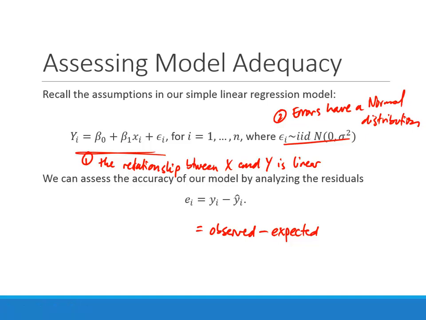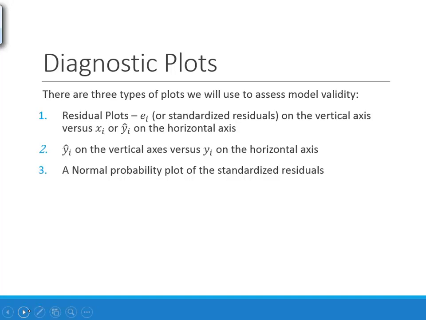There are three main plots that we'll use to assess the validity or the usefulness of our model here. First, we'll look at our residual plots. We'll put the residuals on the y-axis, and then plot those against either the predictor variable x or maybe the fitted values y hat. We can also make a plot of our predicted values versus the observed values to see what that tells us. And then finally, we will use something called a normal probability plot of the standardized residuals.